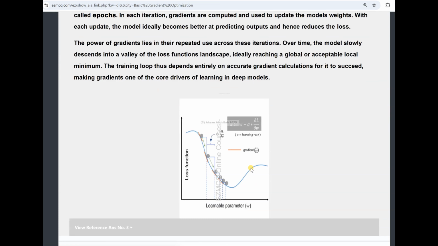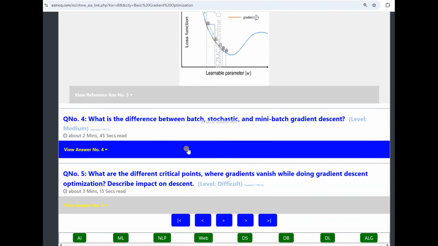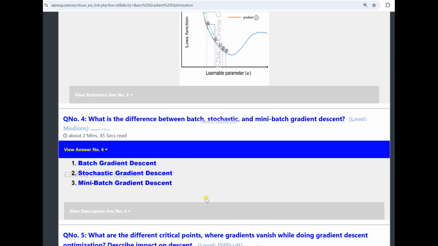Now here's some more. There are different types of gradient descent. This is called batch descent, and stochastic and mini batch, and then there are other things which need to be discussed. The diagram is here.